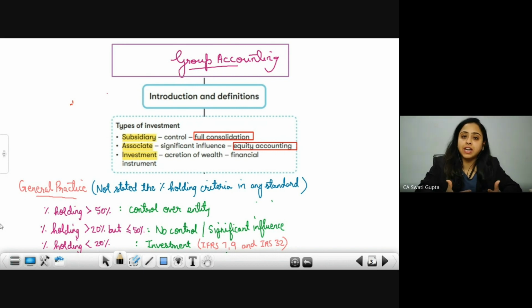Now the parent of the group, or holding of the group, has a responsibility to provide a financial statement which consists of all the figures of these subsidiaries. So this is why we are required to understand group accounting, because as per these provisions, we will be understanding how to prepare consolidated financial statements.